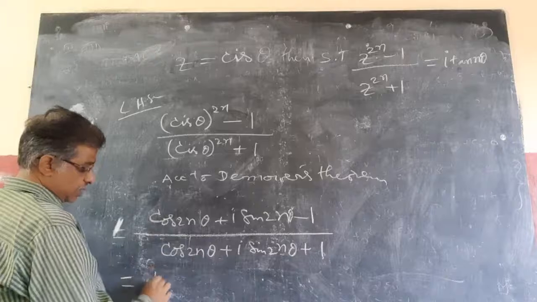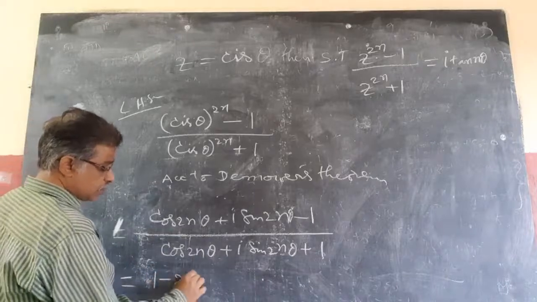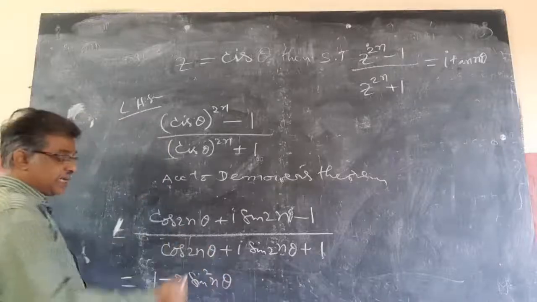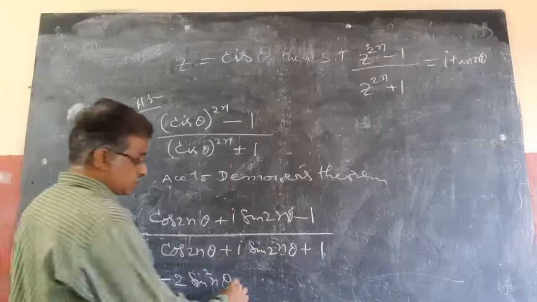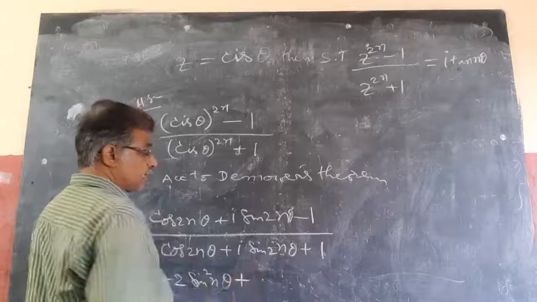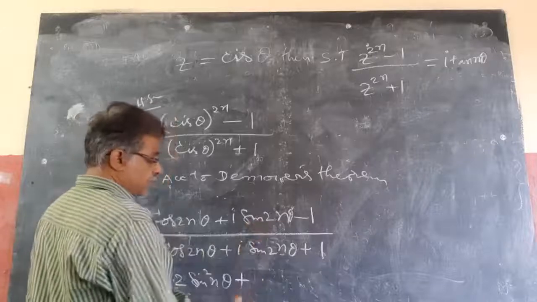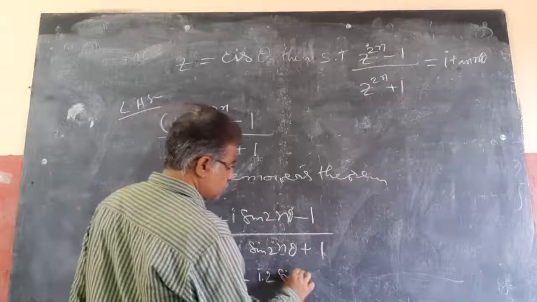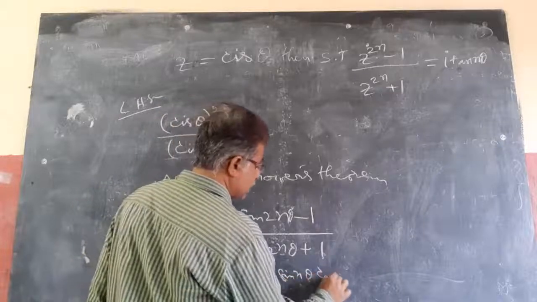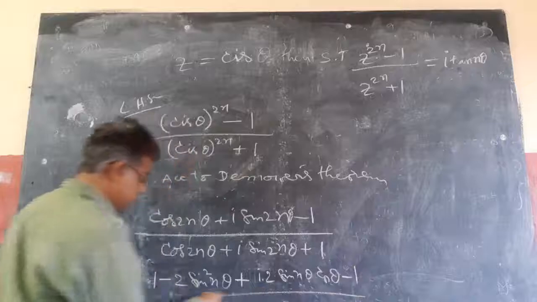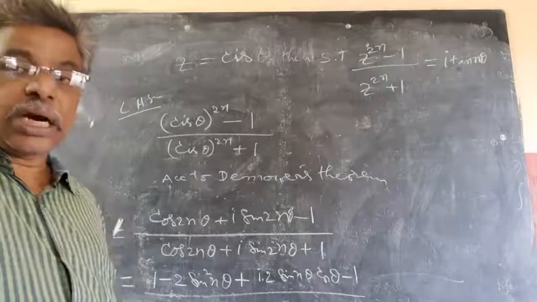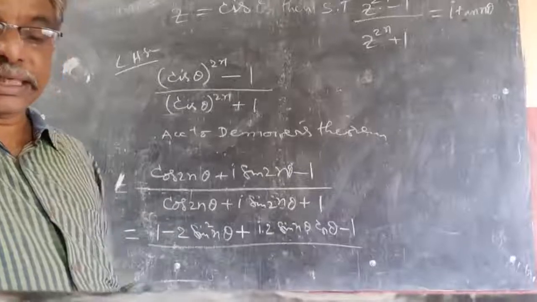So I am writing 1 minus 2 sin square n theta, because theta here is n theta, and i sin 2n theta I write as the sin 2 theta formula, 2 sin theta cos theta: i into 2 sin n theta cos n theta, minus 1, by, coming to this cos 2n theta.